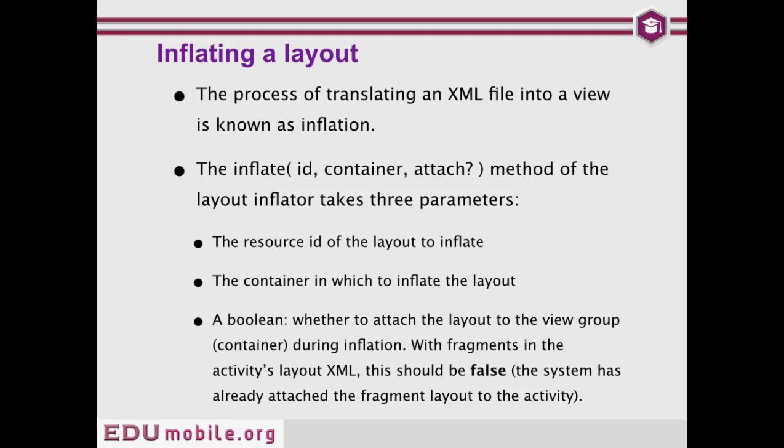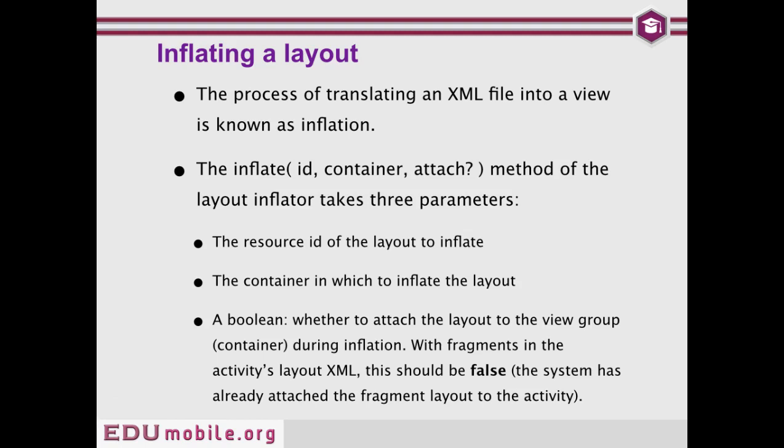The inflate method takes three parameters. It takes the ID of the view or the layout to be inflated. It takes a container in which to inflate that layout. And it takes a Boolean that says whether or not the layout will be attached to the container during the inflation.